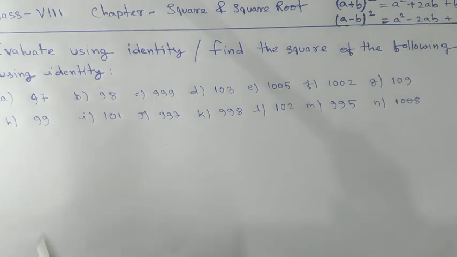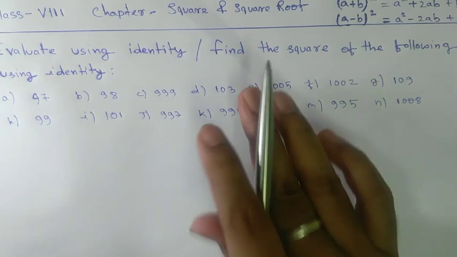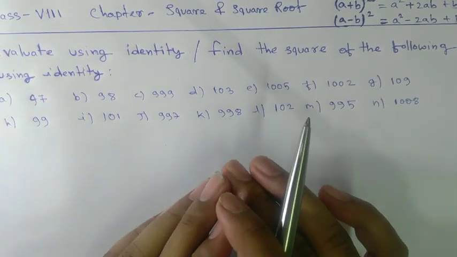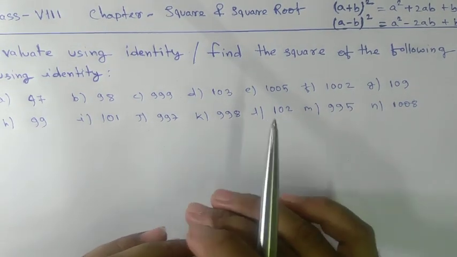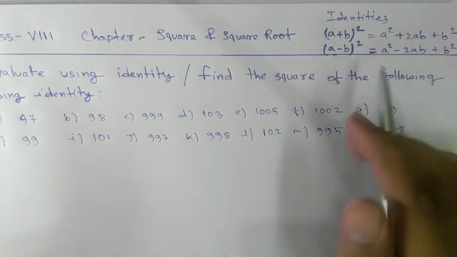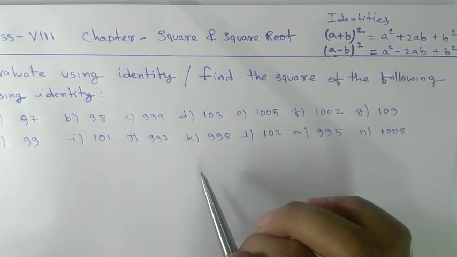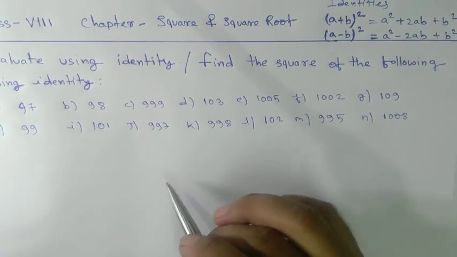Why, sir? To solve this type of problem, generally we give this type of number. There is no hard and fast rule that you will get only these numbers. You can apply this identity to solve this type of problem very easily. That's why we generally give this type of problem.